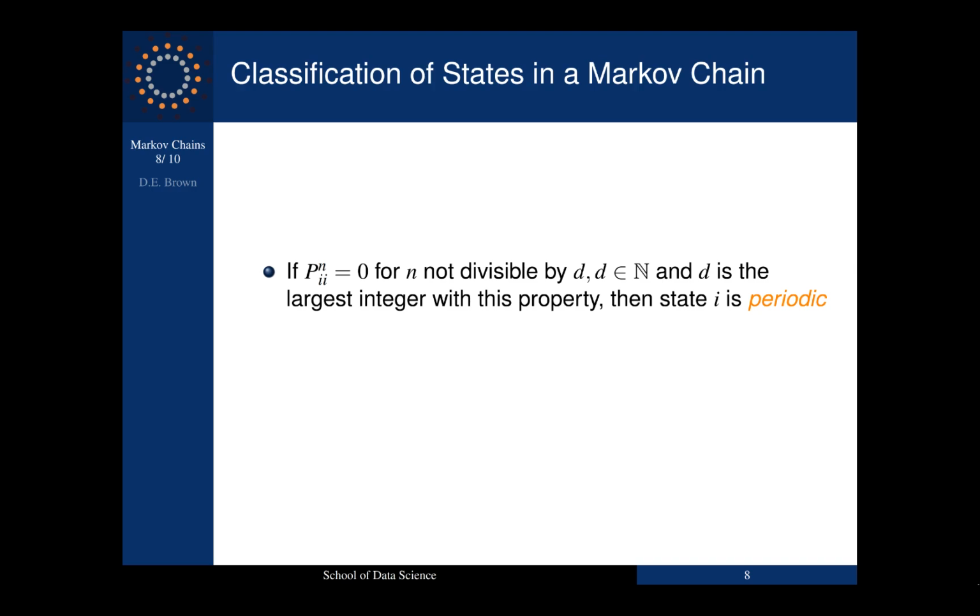Okay, a couple more definitions. If the probability that we start in i and return to i after n steps is positive only for n not divisible by d, where d is the largest integer with this property, then we call i periodic. In other words, we will return in a cycle to this state. If this largest integer d is 1, then it's called aperiodic.